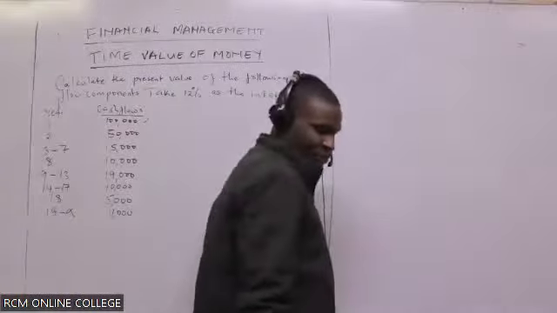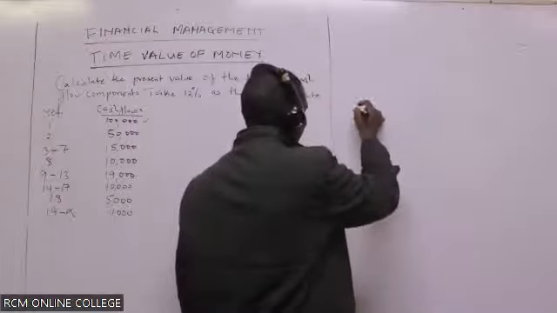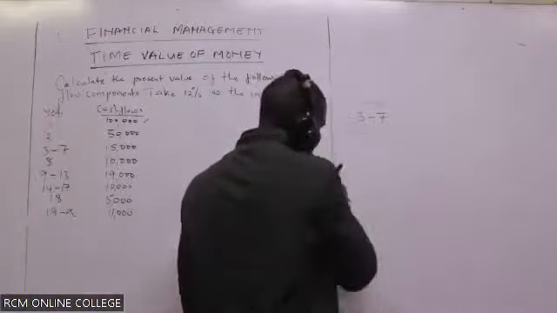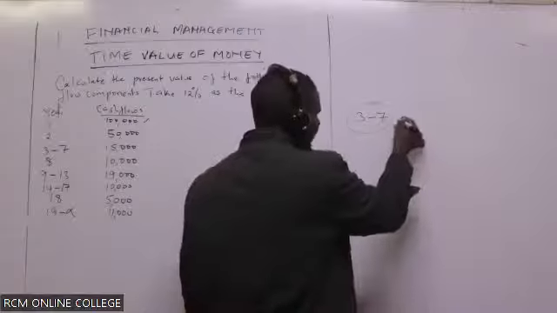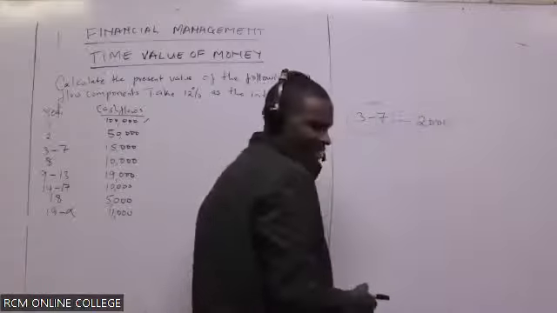I know the examiner tried to set questions until he saw that students now know, so he decided to put a range. Once the examiner puts a range for you, saying year 3 to 7 is 2000, what does that tell you?